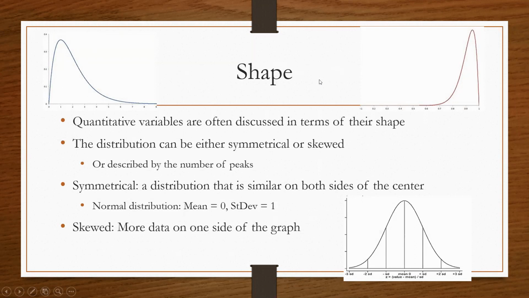With symmetrical data, basically one side of the graph is pretty much the exact same as the other side, or very similar. As you can see here, this is a normal distribution, so it has a mean centered at 1 and a standard deviation of 1. And then skewed, basically it's just that more data is on one side of the graph. As you can see here, this is right skewed, as the tail skews off to the right, and more data is way over here on the left side.